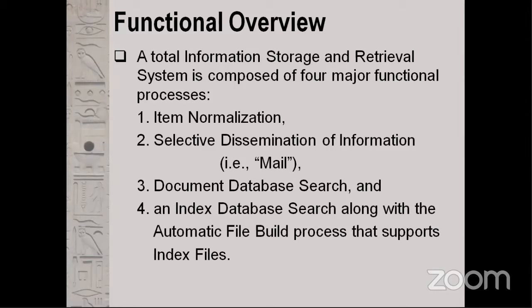One is item normalization, and the second one is selective dissemination of information, the other name for which is nothing but mail. The third one is document database search, and the fourth one is the index database search file, along with the automatic file build process.